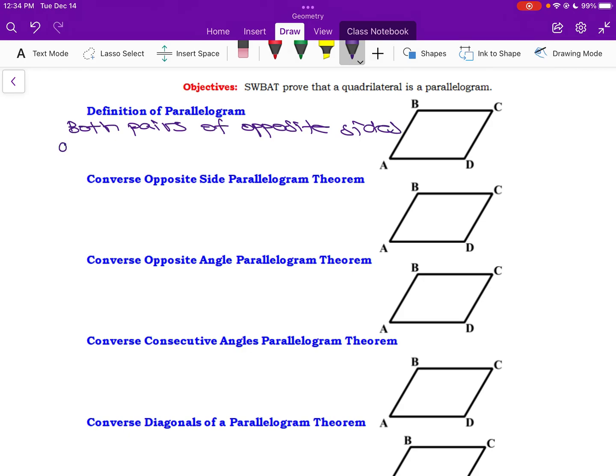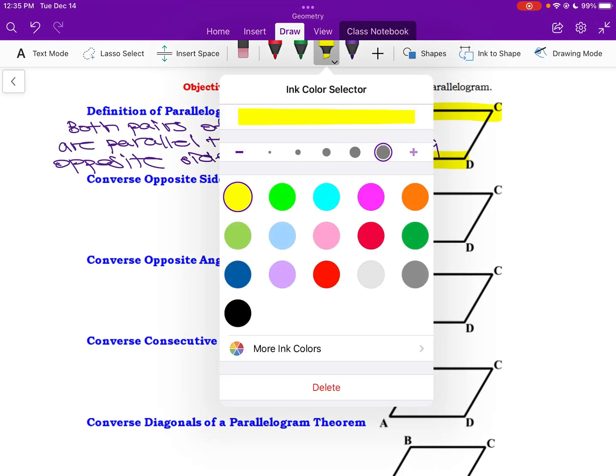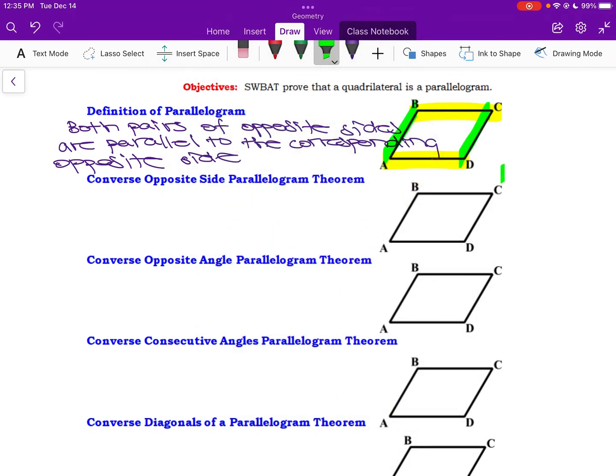We already alluded to this in our day 3 video: side BC and AD are parallel, opposite one another, and considered corresponding. And then the other set would be CD and BA.